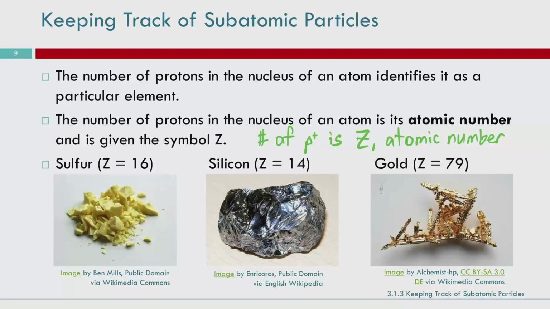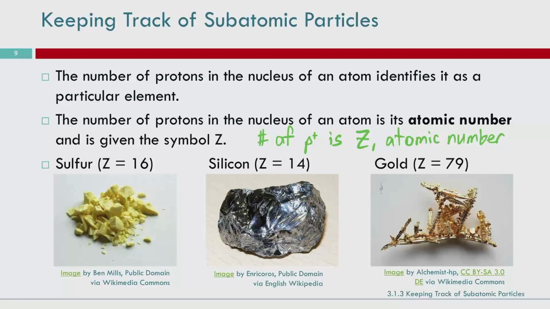So any of the boxes on the periodic table, those are defined based on the number of protons they have. You can count up the protons or determine the number of protons, and that determines what element it is. And that imparts a lot of the properties of the element. If you change the number of protons, you change the element.